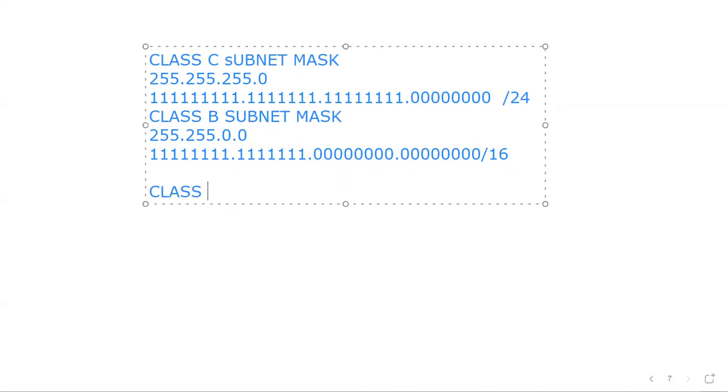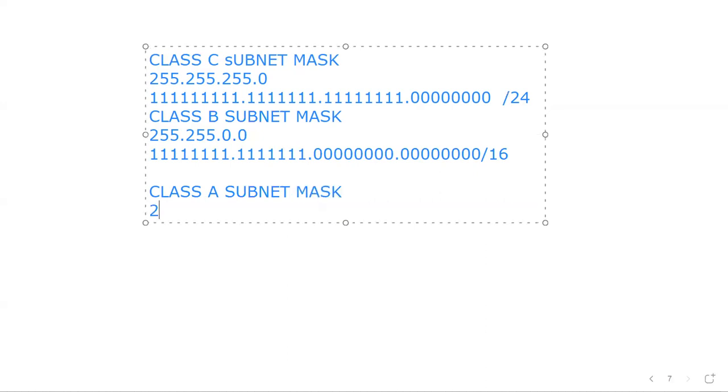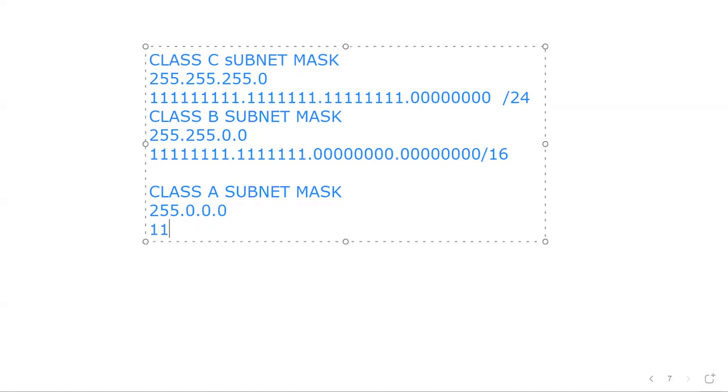Class A subnet mask is 255.0.0.0, right? We can write it as /8. Okay.